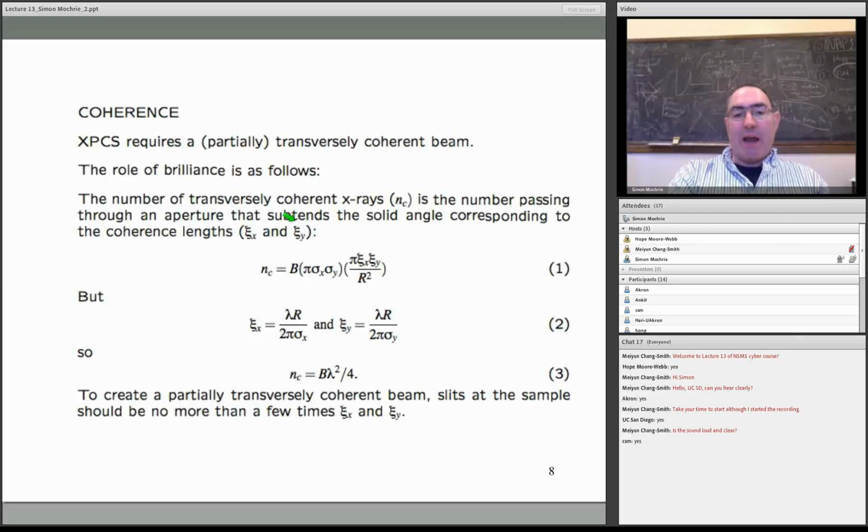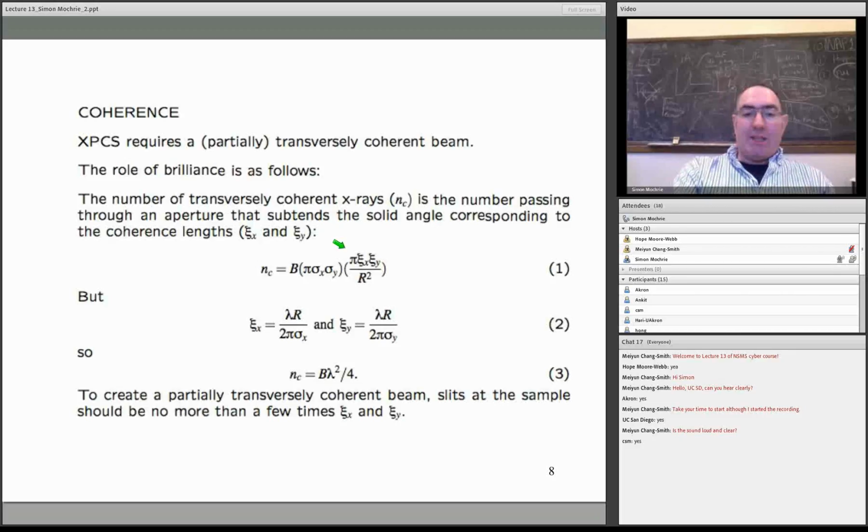So this is the area of the source, multiplied by this solid angle, which is the solid angle corresponding to these coherence lengths at the sample. So you're at the sample and you're looking back, then the range of solid angles looking back to the source is given by this thing.